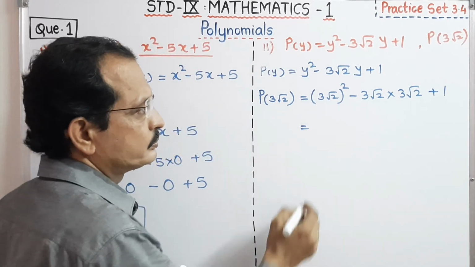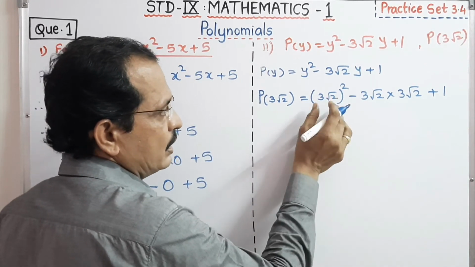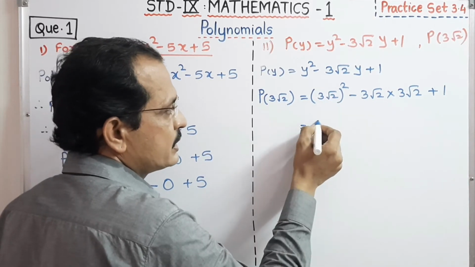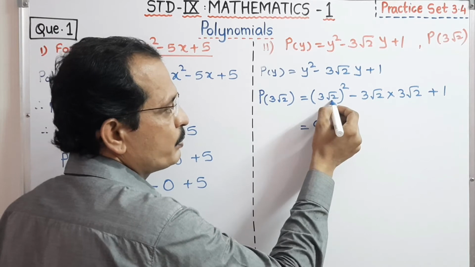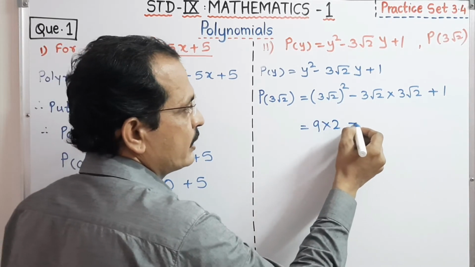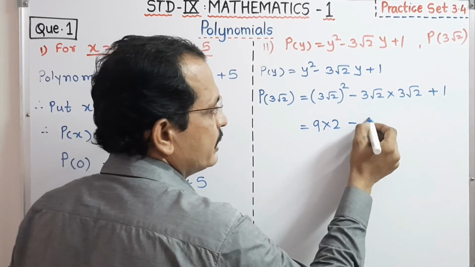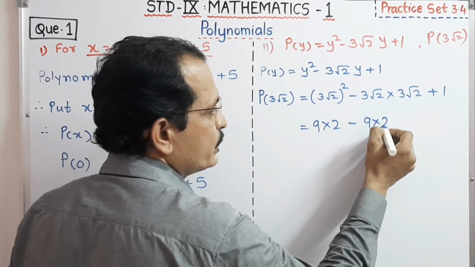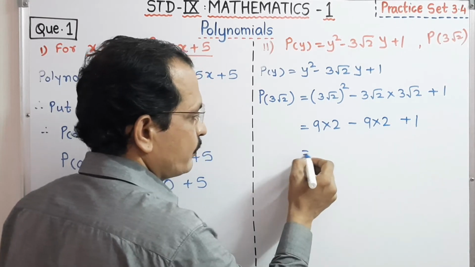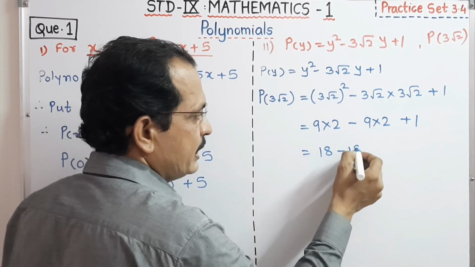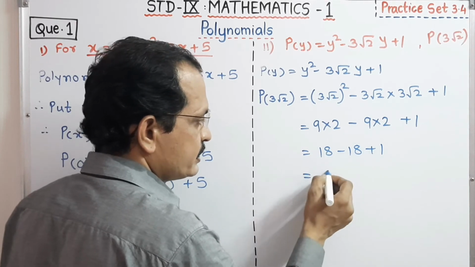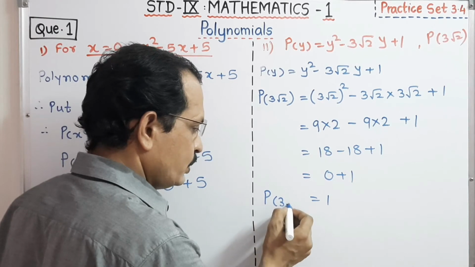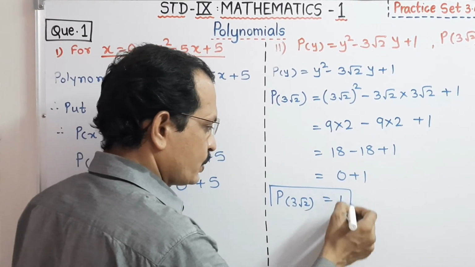Now see here, the square of this, always remember we have to write it in brackets. Therefore, the square of 3 is 9 into the square of root 2, which is 2, minus 3 into 3, it is 9, and dear student, root 2 into root 2 is 2, plus 1. Therefore, 18 minus 18 plus 1, it is 0 plus 1, it is 1. Therefore, p(3 root 2) is equal to 1.